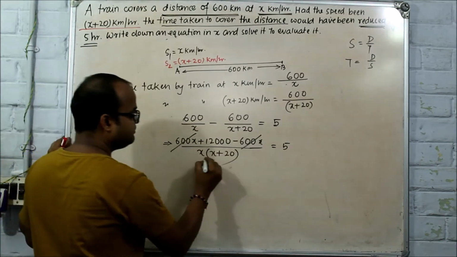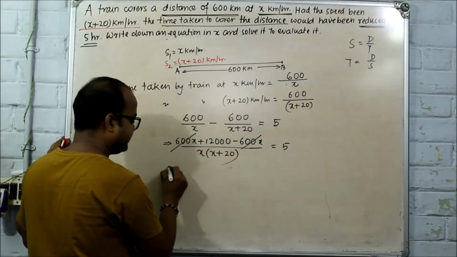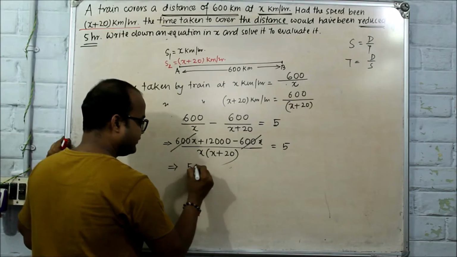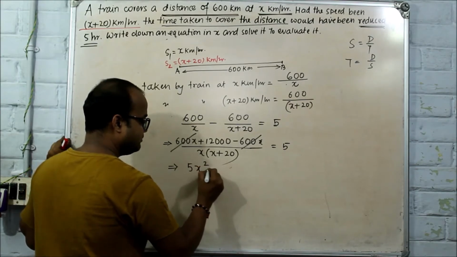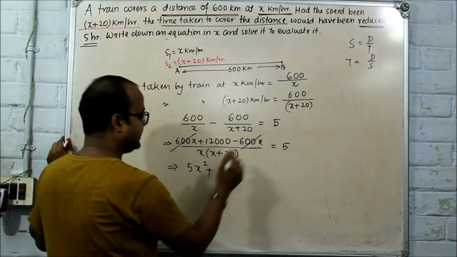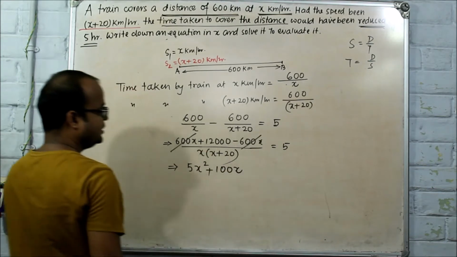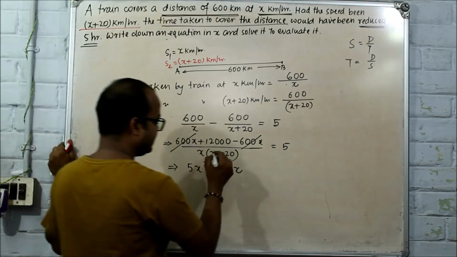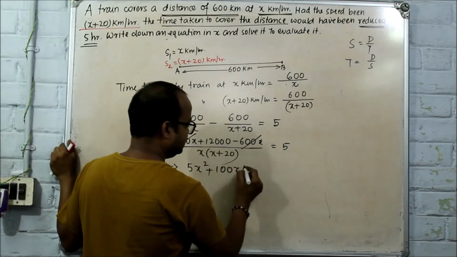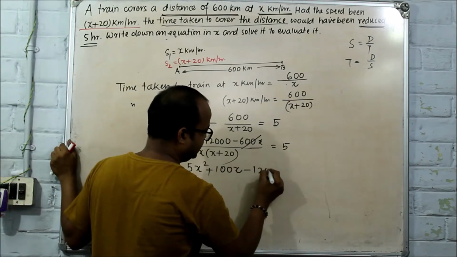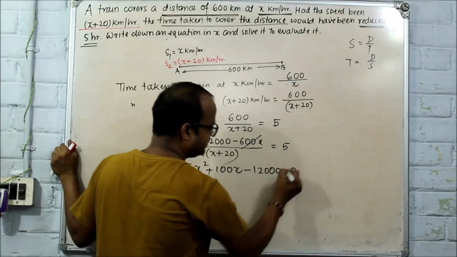Now if you simplify this and cross multiply with 5, you will get 5x square plus 20x multiplied by 5, that is 100x, is equal to 12,000.